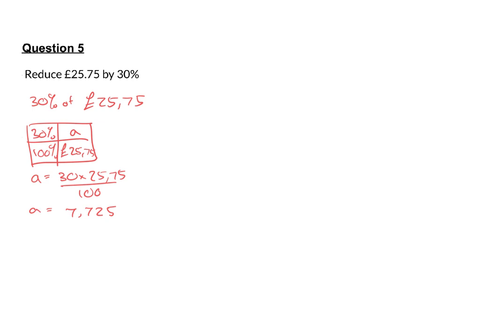So my final amount after the reduction is going to be 2575 minus 772.5, which is 1802.5. But this is money, and money does not go to 2 decimal places like that, so that equals £1,802 and 50 pence.